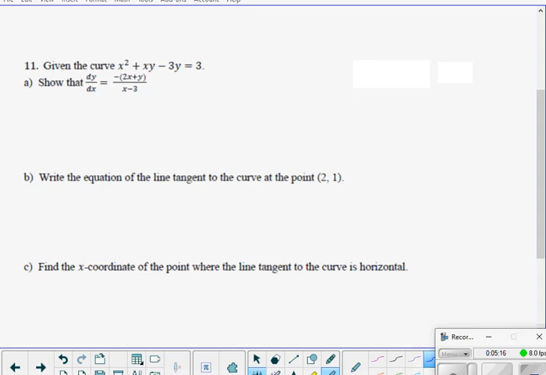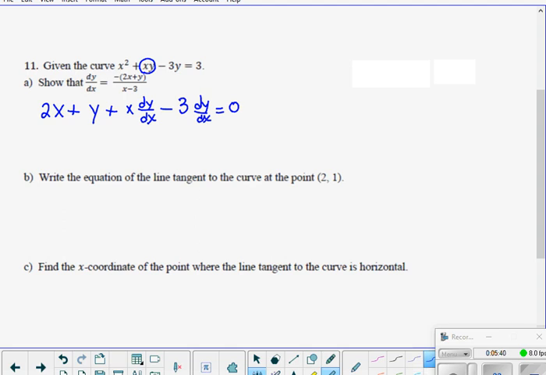Here we go. All right, I'm going to start out by taking the derivative. x squared is 2x, running into the product rule, the derivative of x is 1 times y plus x dy/dx, because I had to take the derivative of y, minus 3 dy/dx, and the derivative of 3 on the right is 0.